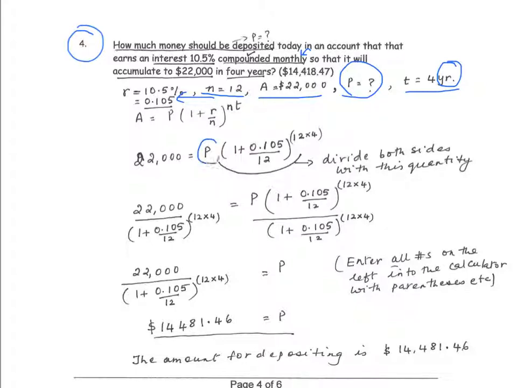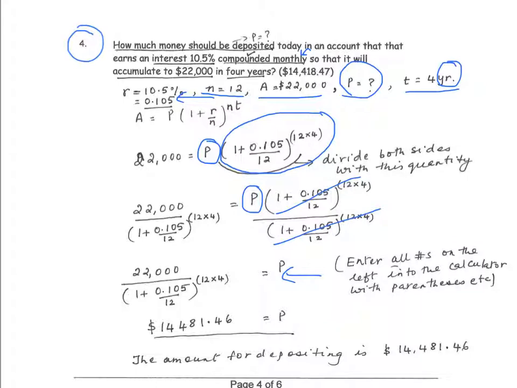Notice that P is the unknown. So we need to solve for P by dividing both sides with whatever this number is. Because it's multiplied to P, we just divide by the entire number on both sides of the equation. So that gets P by itself because this quantity cancels with this quantity. So we've solved for P. So technically we found a solution.